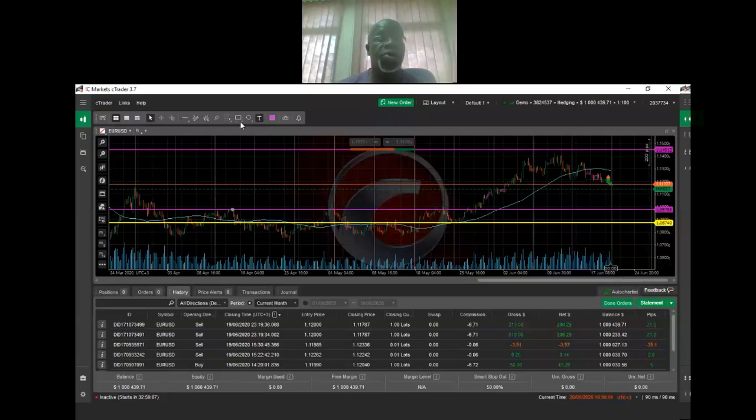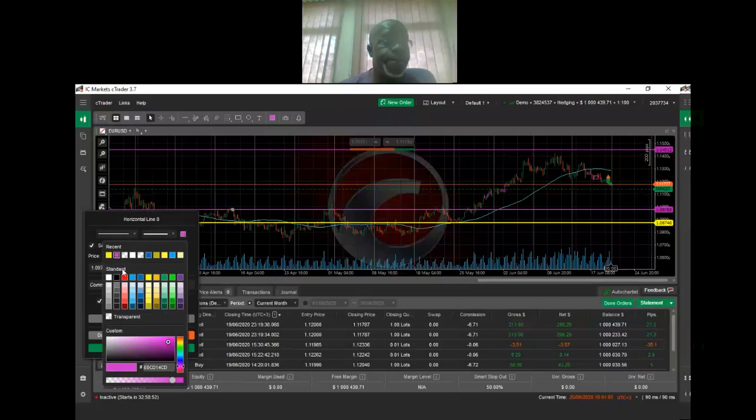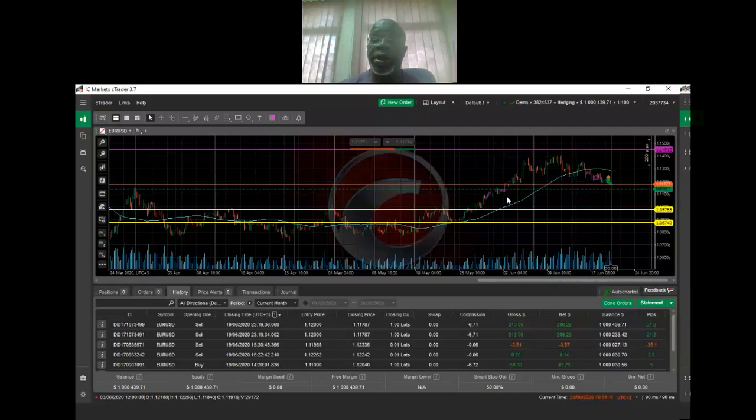I was trying to use a different color, but I guess the default I had set was purple. Let me change this to another color. Okay, yellow, so yellow should be clear.